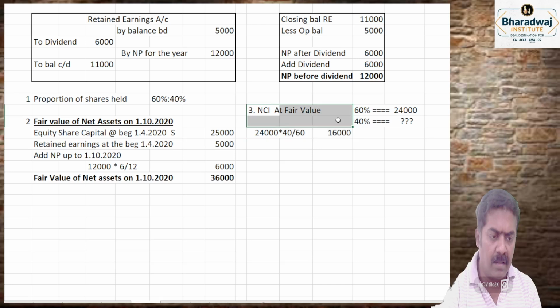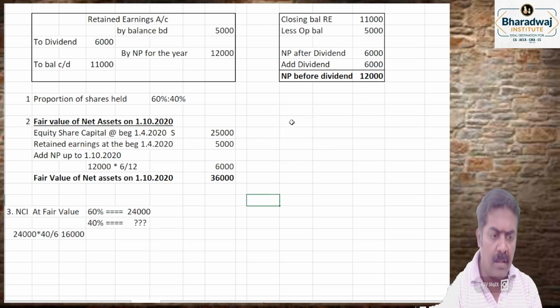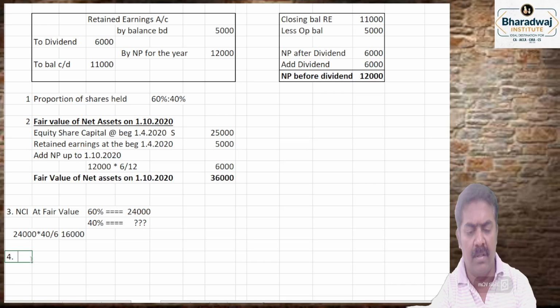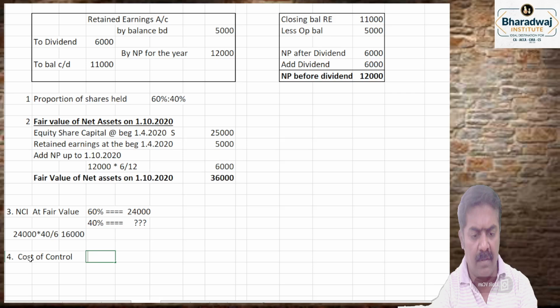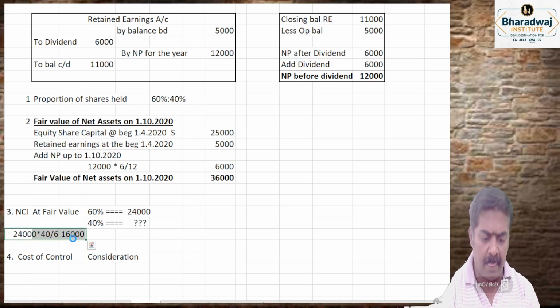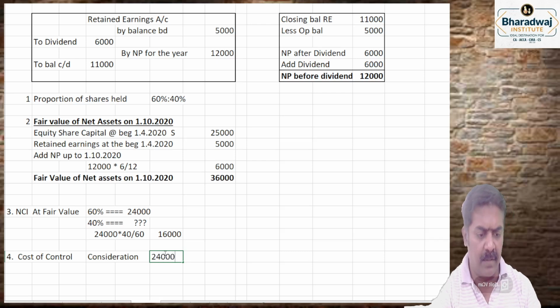Then, as usual, what is the next one we will learn about? Goodwill or gain on cost of control. What is the consideration paid? 24,000.